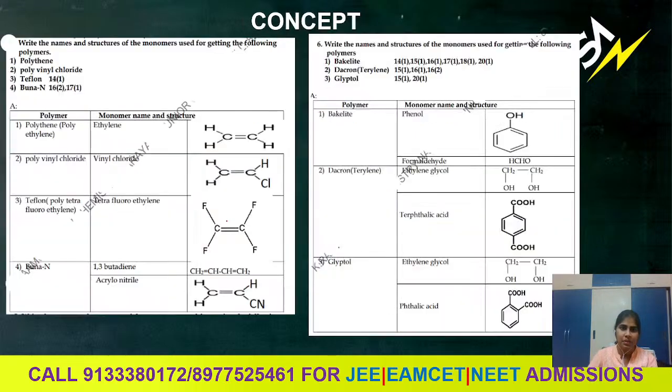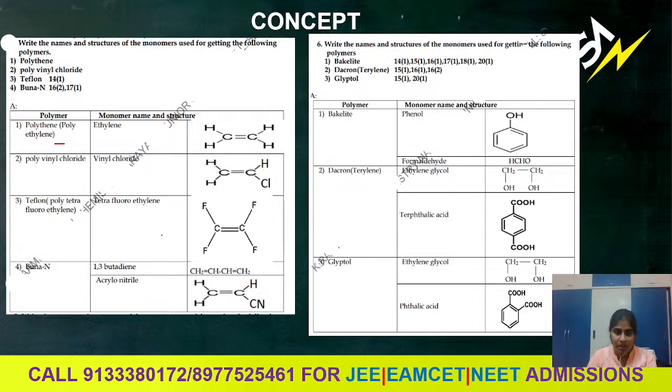These are a few examples. And in this polymers concept, you must remember a few basic monomer unit structures. For example, if a question is asked to write the monomer name with the structure, if it is polyethylene, what is the monomer? Ethylene. Write the monomer structure.